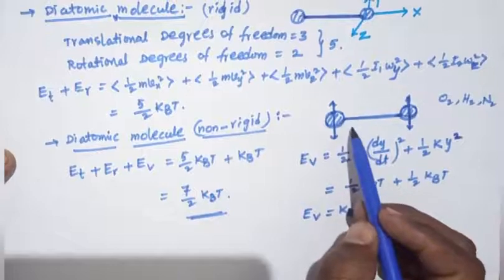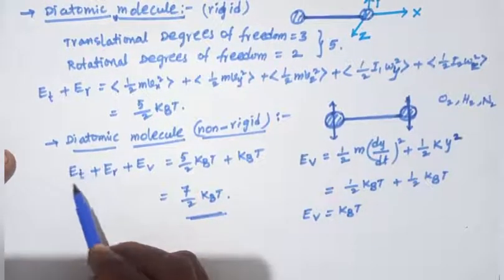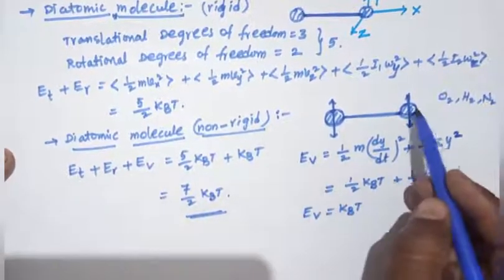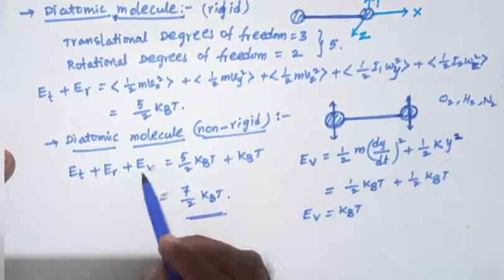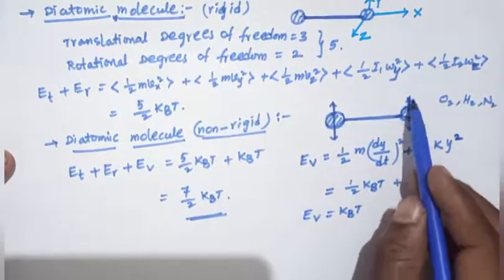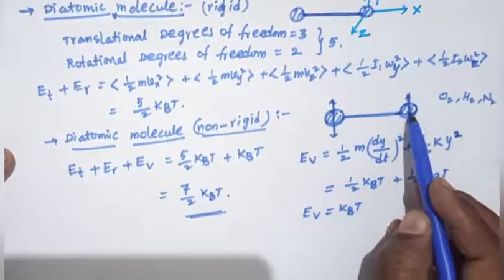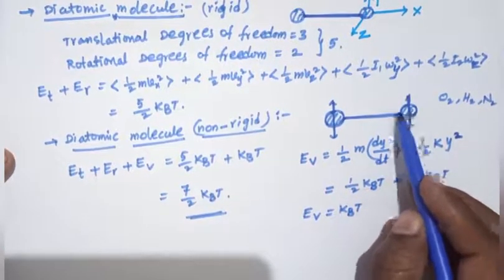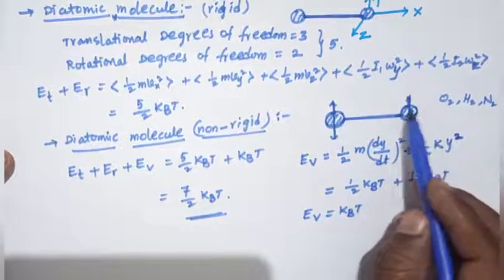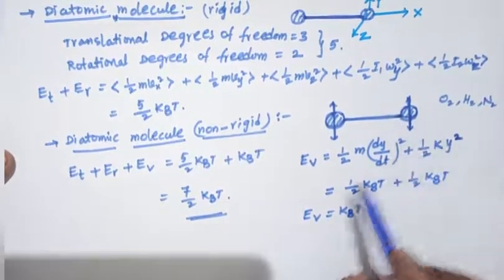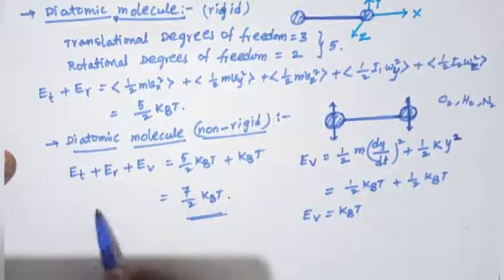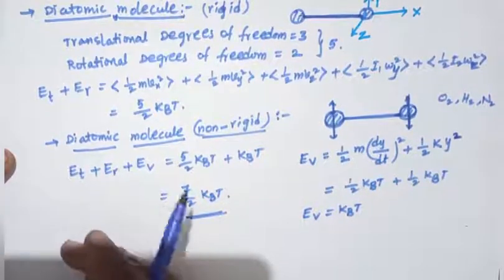It has translational motion, rotational motion, and also vibrational motion, up and down or to and fro. So this is the law of equipartition of energy.